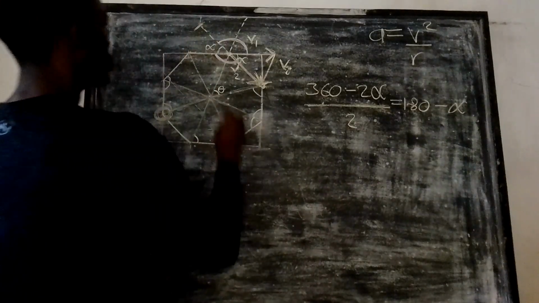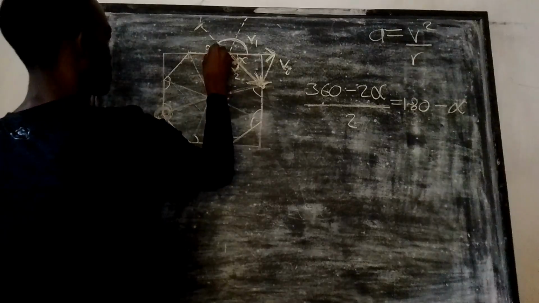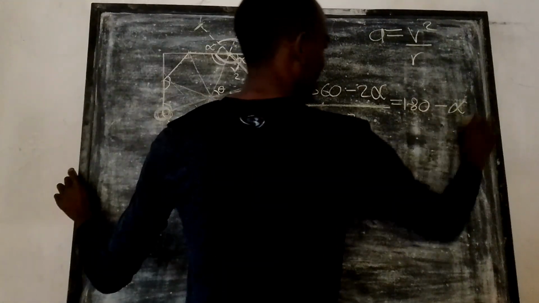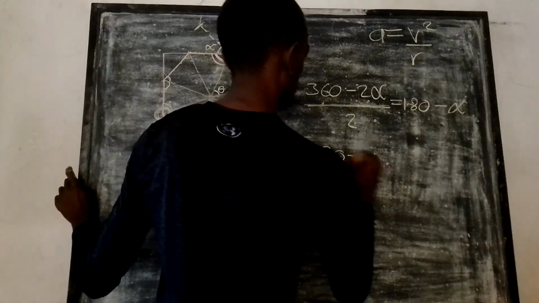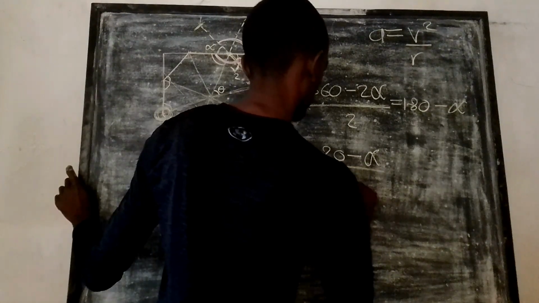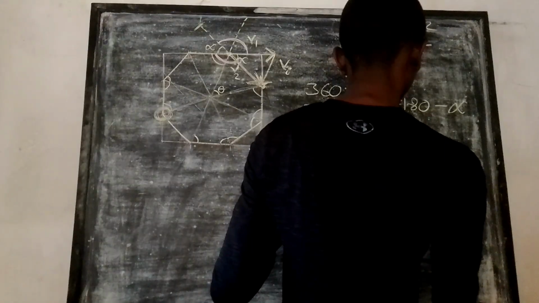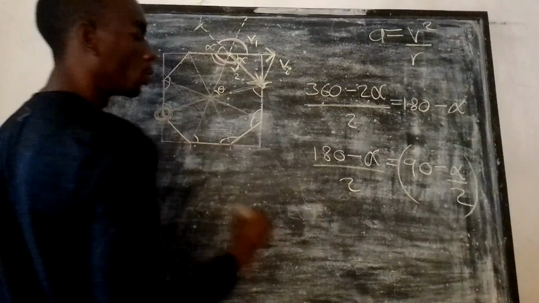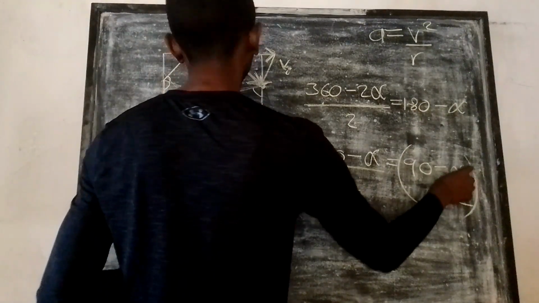So, having our 180 minus alpha, which is this angle over here, in order to get this angle, all we have to do is simply divide this by 2 now. So we've got 180 minus alpha divided by 2, and what do we get? We get 90 minus alpha over 2. So our angle over here is equal to 90 minus alpha over 2.